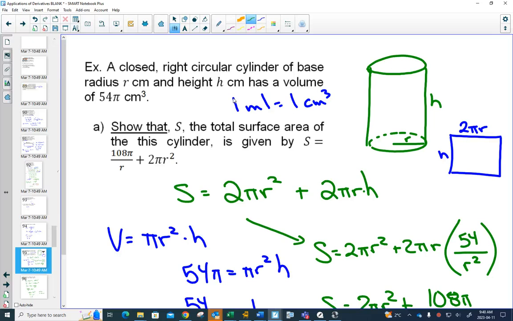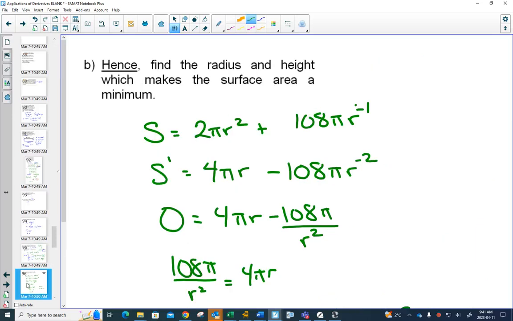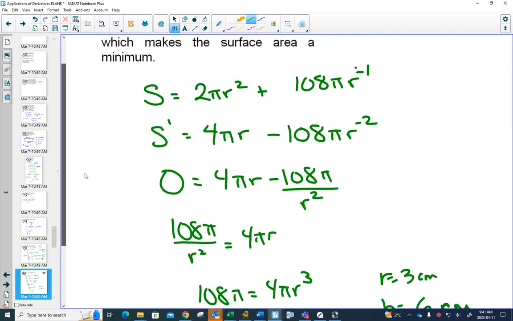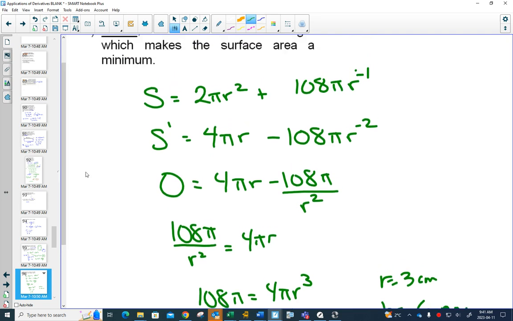And we just figured out with these numbers that the radius should be 3, the height should be 6. Why would it be important to minimize the surface area? Well, the surface area costs Coca-Cola, Pepsi, whatever company does it, money because they have to pay for those materials, right?